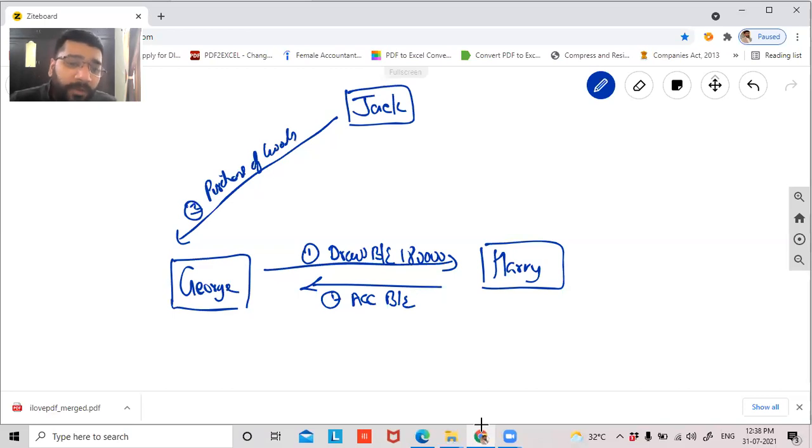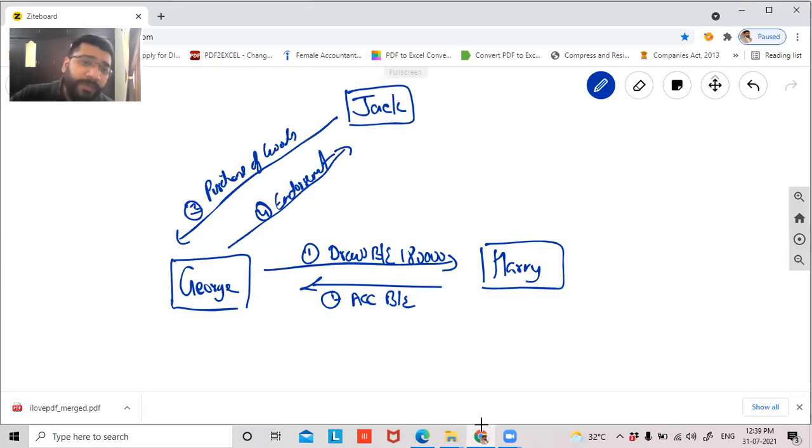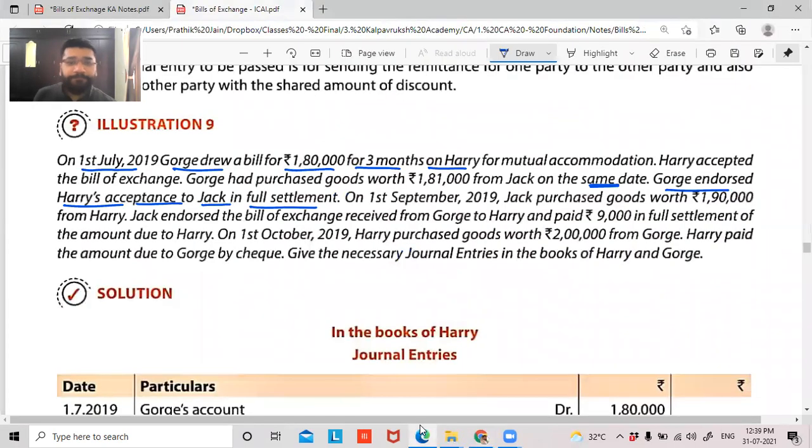He's not getting it discounted from the bank. Whatever acceptance of bill is received from Harry, George is endorsing. George endorsed Harry's acceptance to Jack in full settlement. The bill is worth 180, and goods are purchased for 181, so the remaining 1,000 rupees George has to give to Jack from his pocket.